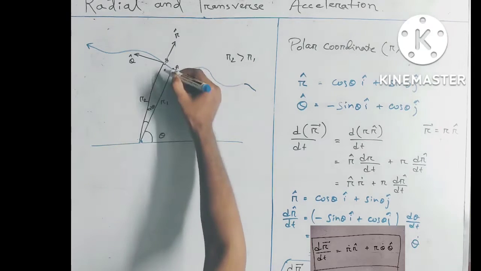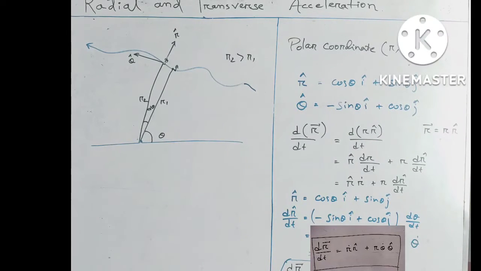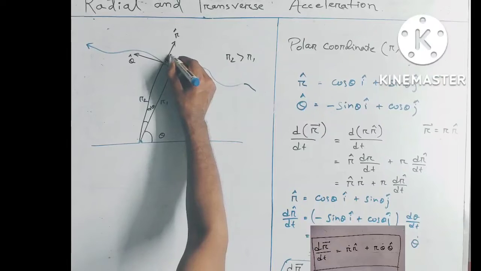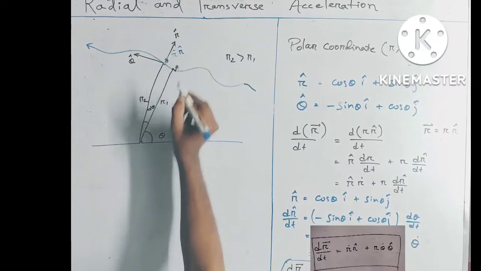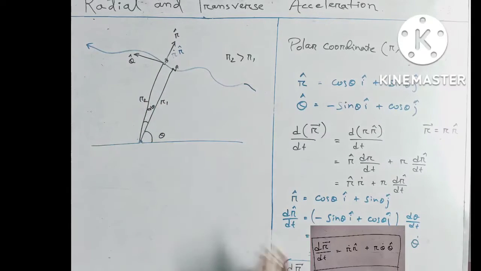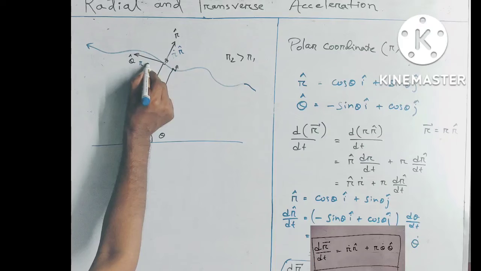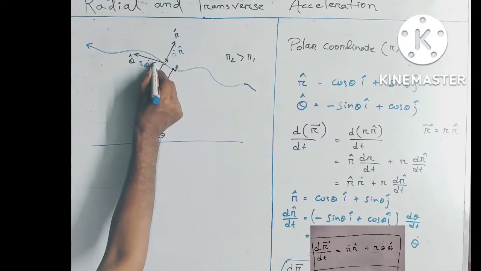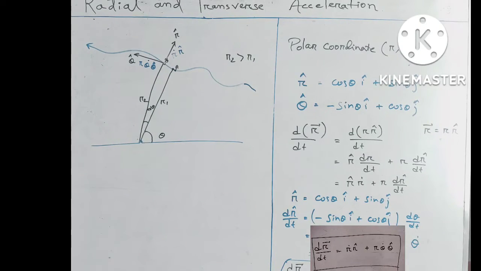So along r cap, its velocity is r dot. Along this axis it is r dot r cap, and along this axis it is r theta dot theta cap. So this is the meaning of this term.